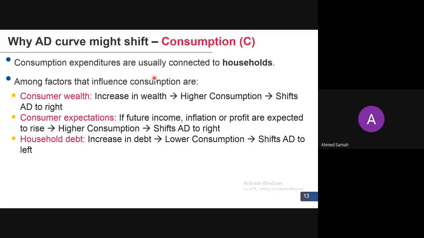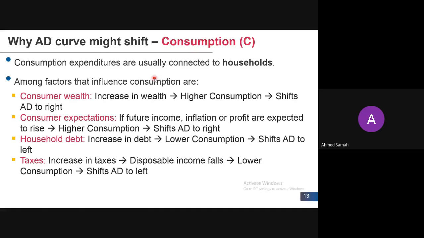Then household debt. When there is an increase in household debt, it will lead to lower consumption, because they will be spending more of their income to pay their debt. Because of that there will be lower consumption and it will shift the aggregate demand curve to the left. Then there are taxes.